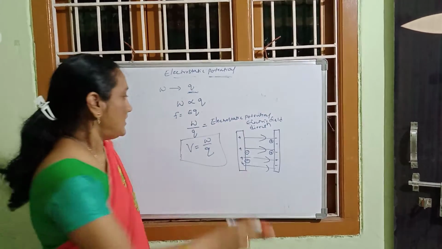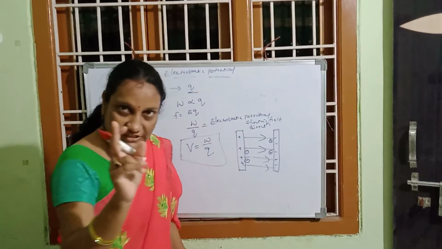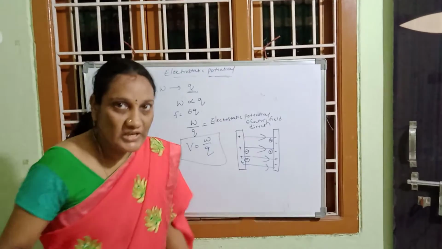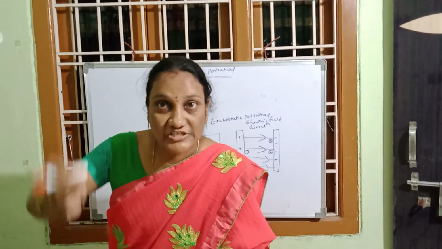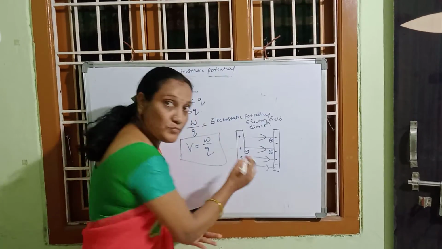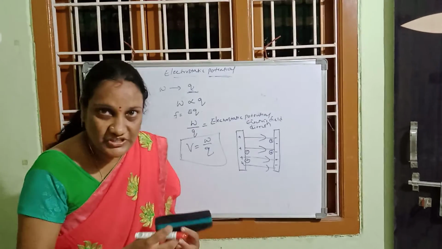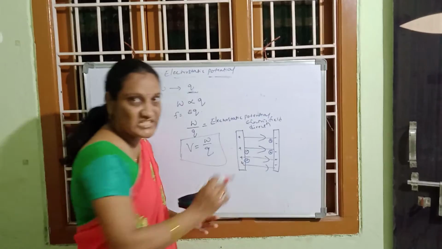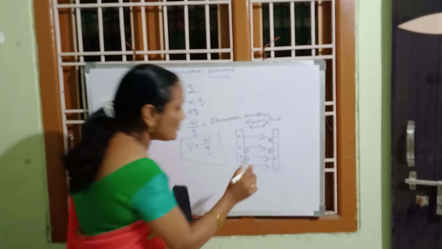Now first, let us talk about negative charge. Potential means moving the charge from one point to another point. So let us think that we are moving the negative charge from this plate to this plate. Then how will we move?